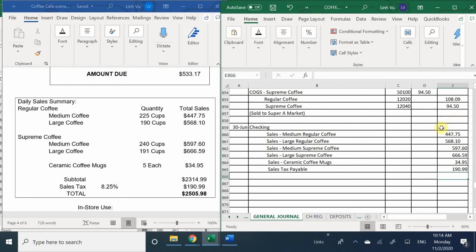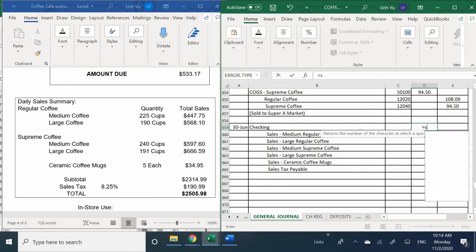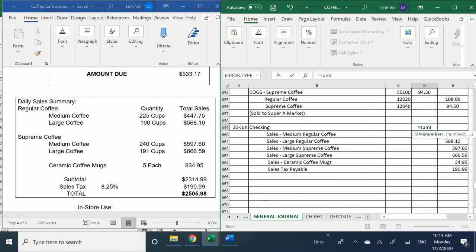All right, so what's my grand total that I should have in cash? The grand total as in add up, what's your total sales? 2505.98.